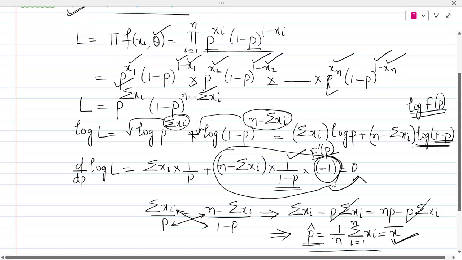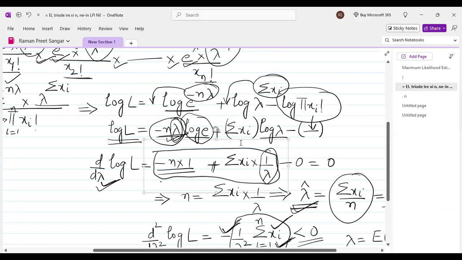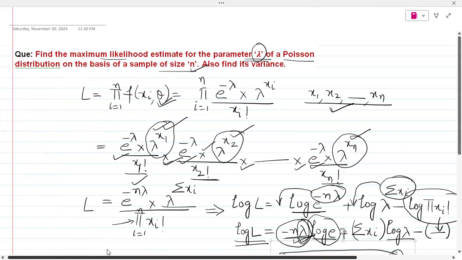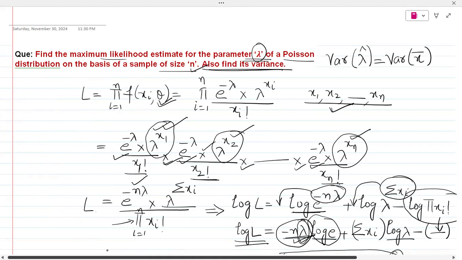One thing here: in the last question, there was one part where we have to find the variance of that MLE. So what is it? It is the variance of X bar, because this lambda cap was X bar, the sample mean.